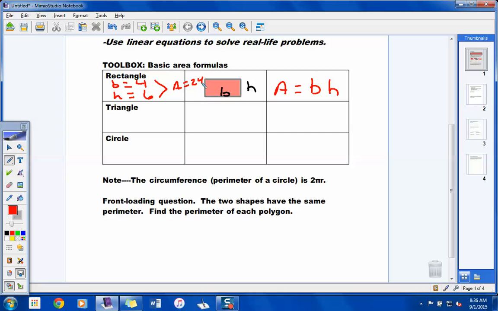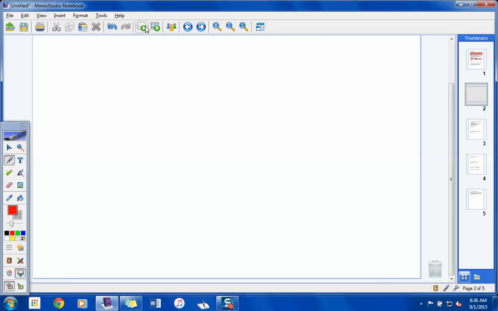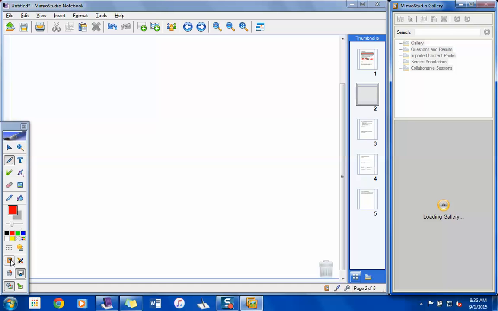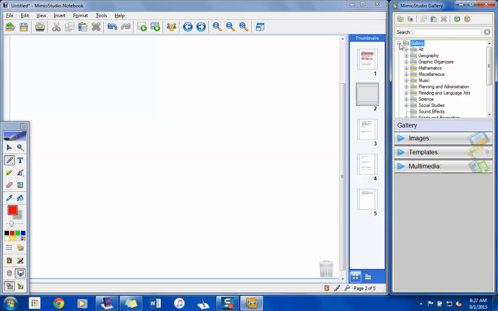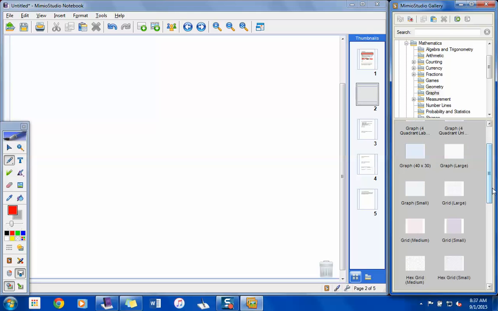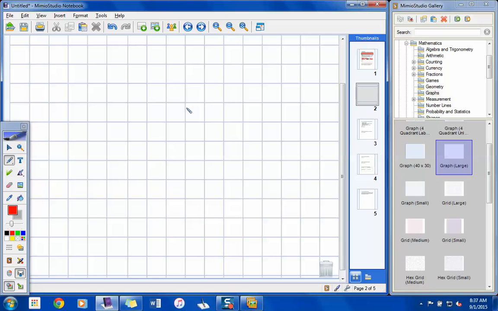Okay, and let me just do something quickly here. So right here, same game. What did we say our base length was in that example? 4.